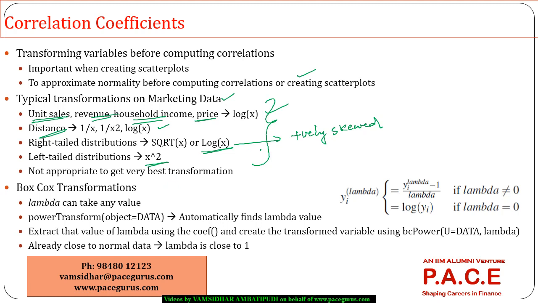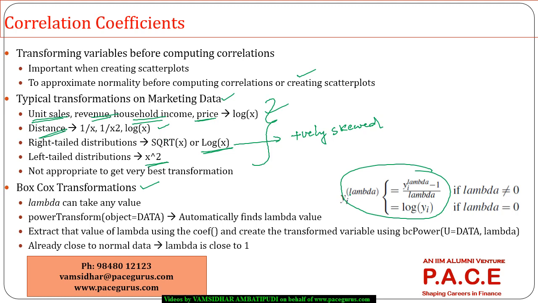But if I want to get the very best kind of transform, then we are talking of the usage of Box-Cox transformation. And this is the Box-Cox transformation: y_i to the power lambda typically is (y_i to the power lambda minus 1) divided by lambda.